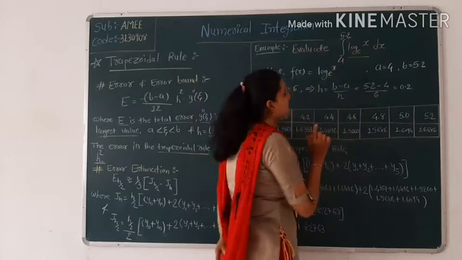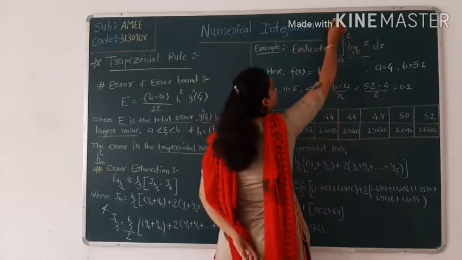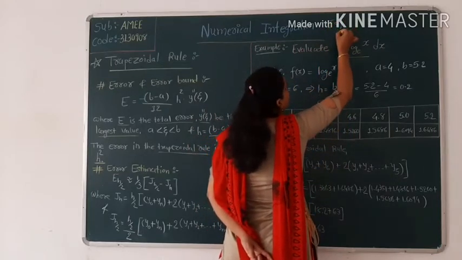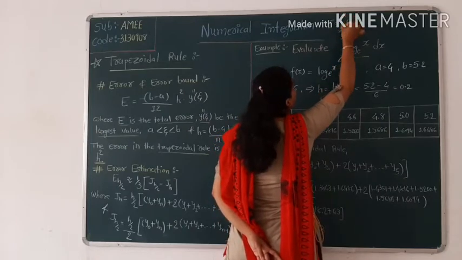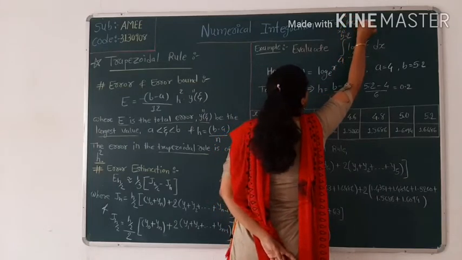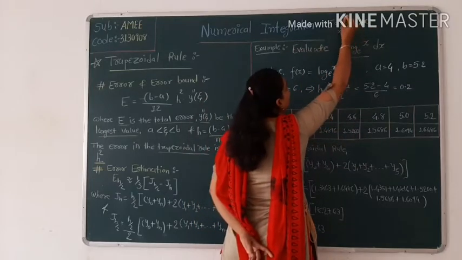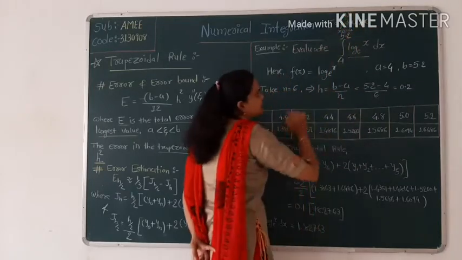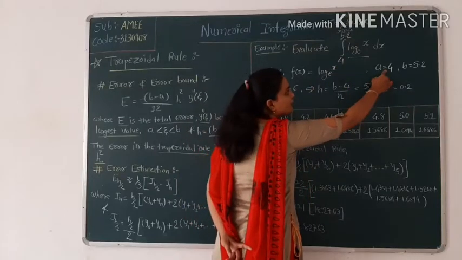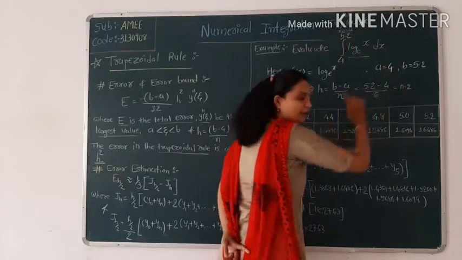Now we know that in our integral I, the formula is the integral from x0 to xn of f of x dx, where x0 equals a and xn equals b. So here a equals 4, b equals 5.2.